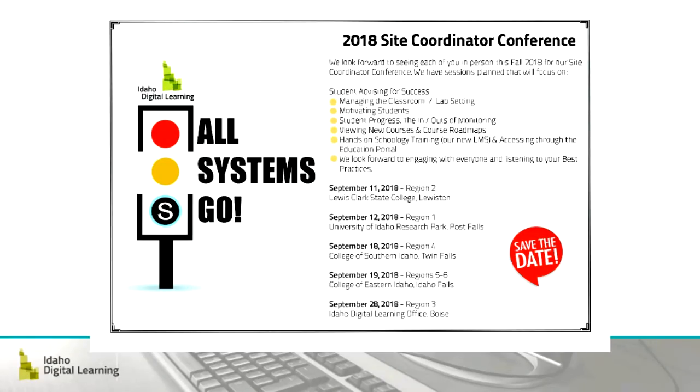Region 4 is going to be held on September 18th in Twin Falls. Regions 5 and 6 at the College of Eastern Idaho on September 19th. And Region 3 here in Boise will be at our new Idaho Digital Learning offices on September 28th. Again, this information will be sent out shortly, as well as posted on our website. So please feel free to contact your regional coordinator if you have any additional questions.